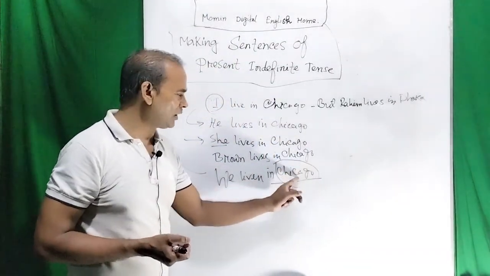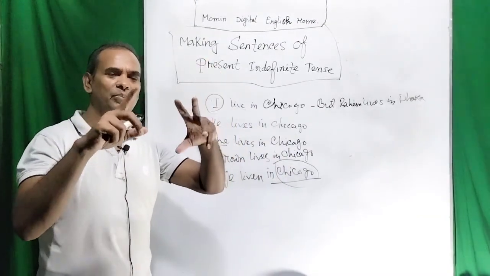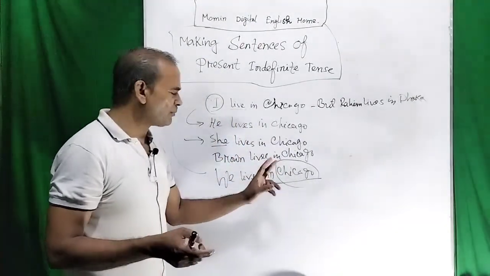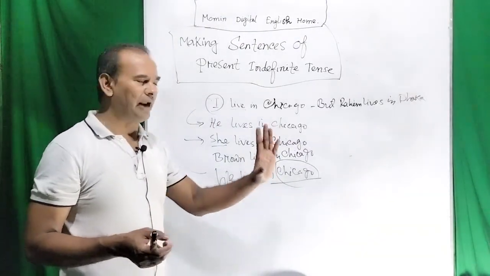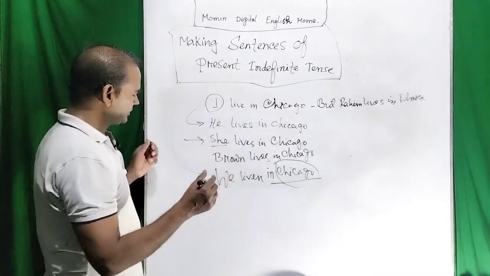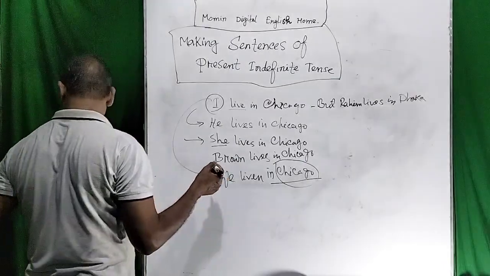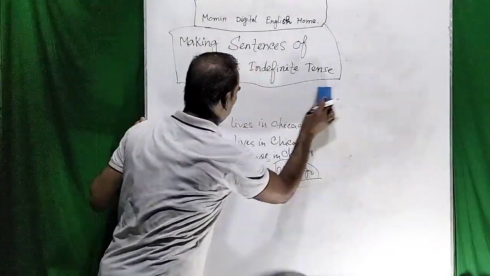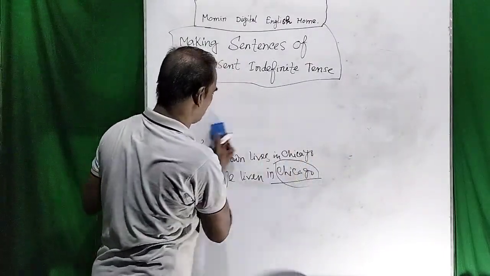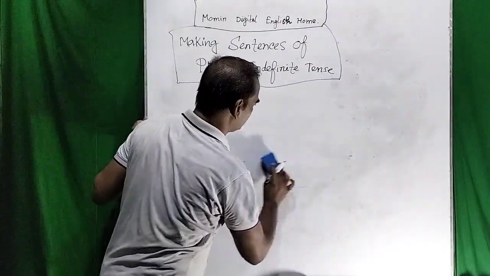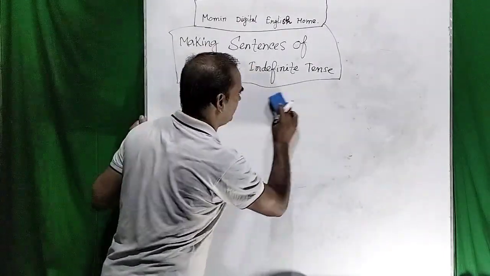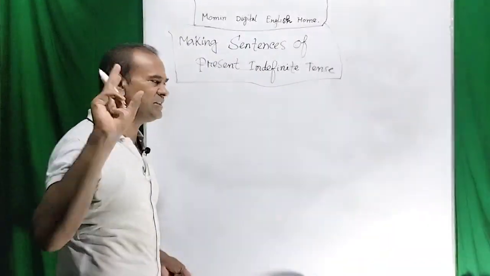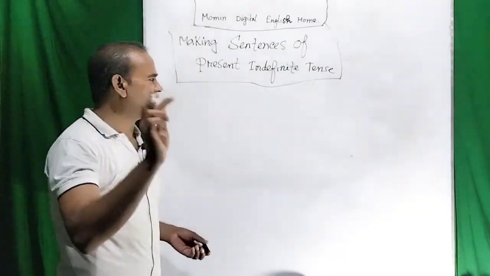Chicago is the head word. So before the head word, if it is some place, use some preposition like in or at. So please try to understand if somebody wants to use some place after the verb. In that case, we have to remember two things. If the place is used in general, we generally use in.